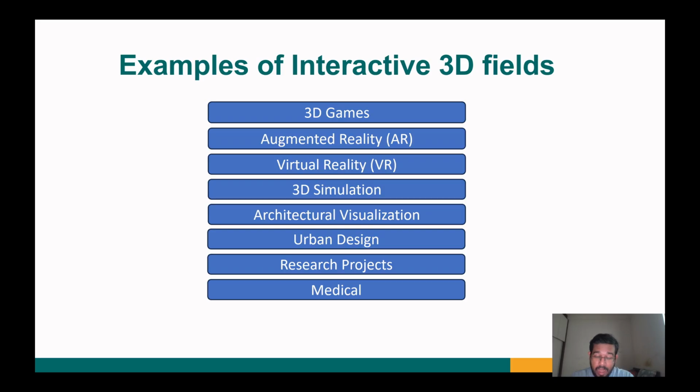And then augmented reality: obviously in AR you have to interact with the 3D objects through a medium like a mobile headset, a mobile phone or a tab. Virtual reality, obviously everybody knows what it is and how it functions. You have a headset and you use it to move around the 3D environment.